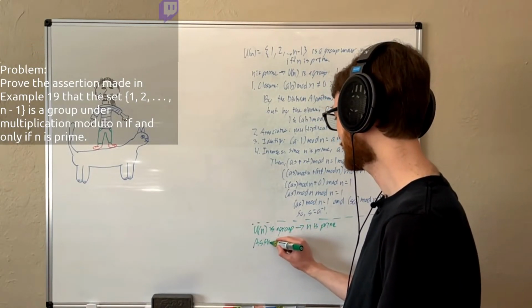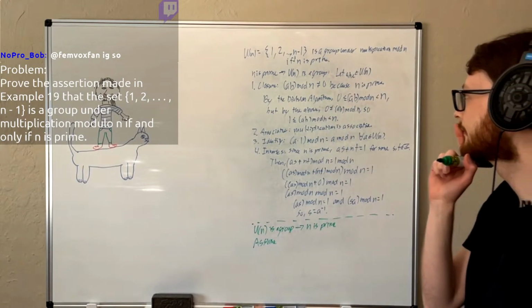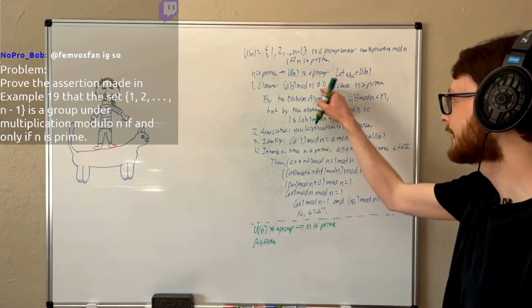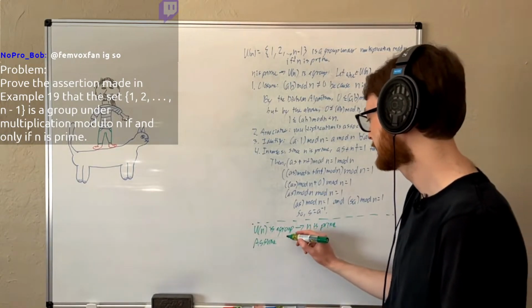Oh, you know, we can use this closure issue if n is not prime. It speaks to this exact thing with being 0 mod n.